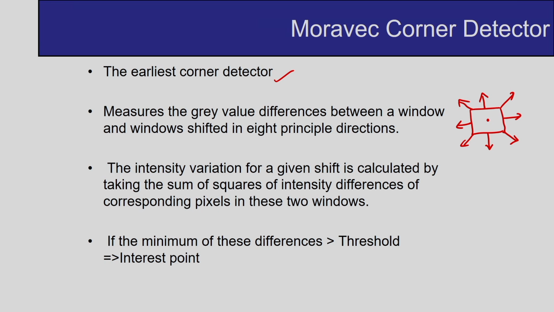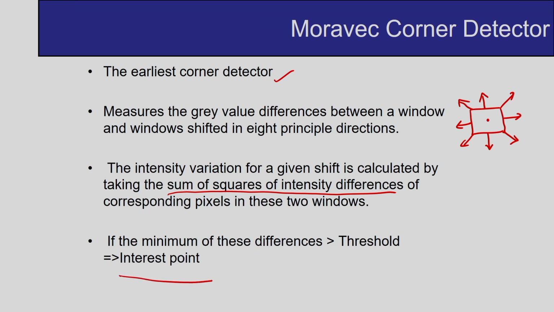So, that means I am determining the intensity difference, and in this case I am considering the sum of square intensity difference. After this, what am I considering? If the minimum of these differences is greater than a particular threshold, that corresponds to an interest point.